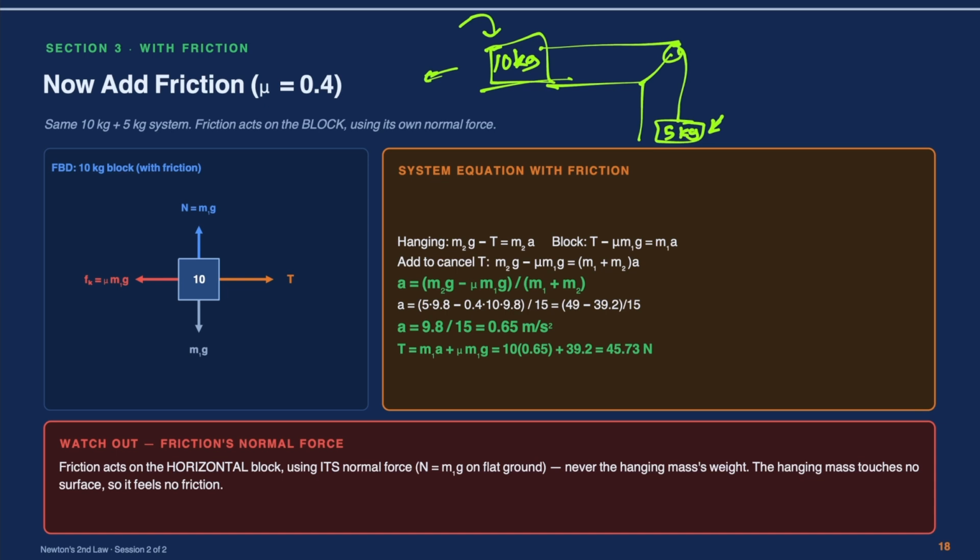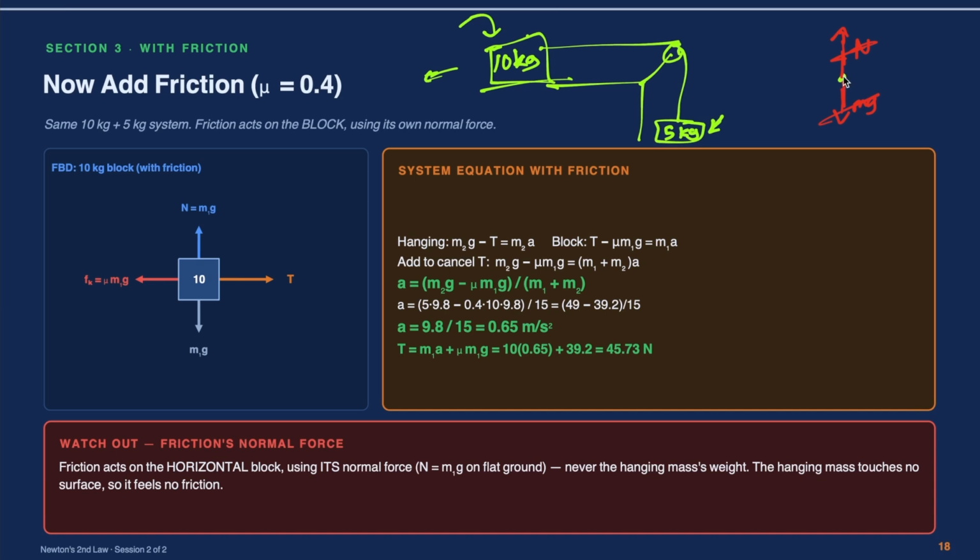Alright, pretty straightforward. Hanging, so I'll write the equations again, but this time, when I look at the 10 kg block, I have to remember that there's two forces, okay? So first I draw normal, which keeps it on the table, and mg, but these two cancel out, because it's not moving into the table and it's not being pushed up by the table, right?